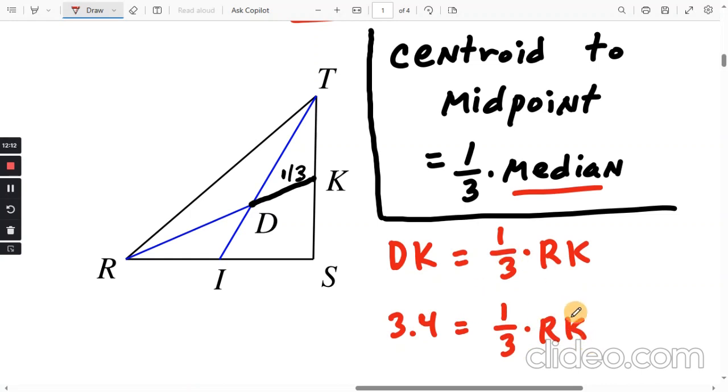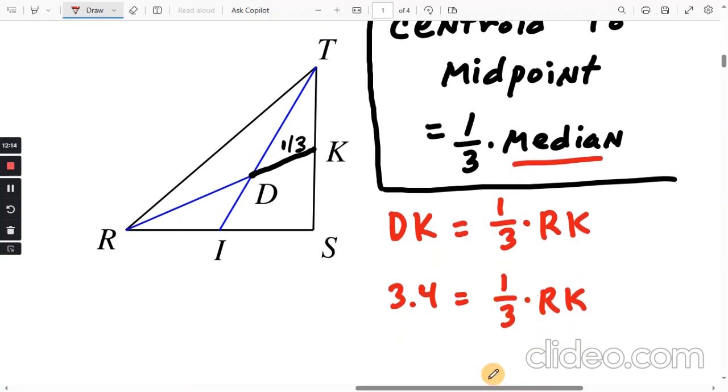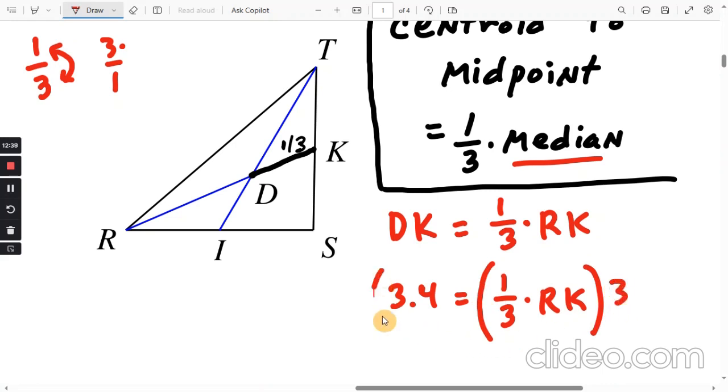Now, we want to solve for RK. How do we get rid of 1/3? Well, you multiply by the reciprocal. If you take the reciprocal of 1/3, you just flip it and you get 3/1. So we're going to multiply both sides by 3/1 or just 3. Same thing. I'm going to take this whole thing and do times 3, and this whole thing times 3.